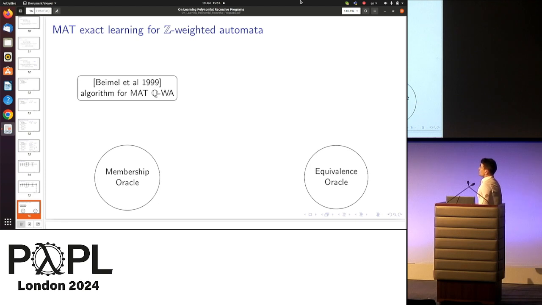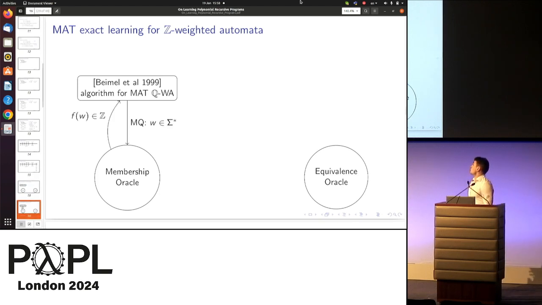And the idea is to do a reduction from this problem to the problem of exact learning Q-weighted automata. And we still have access to these two oracles, the membership oracle and the equivalence oracle. And we use the algorithm for learning Q-weighted automata.